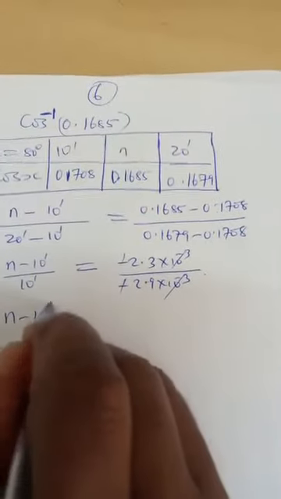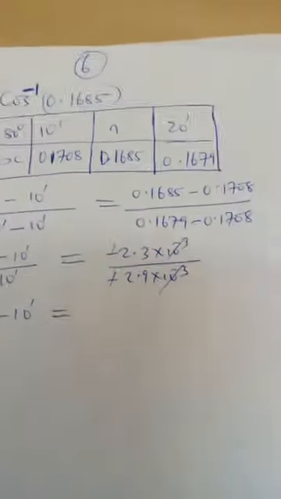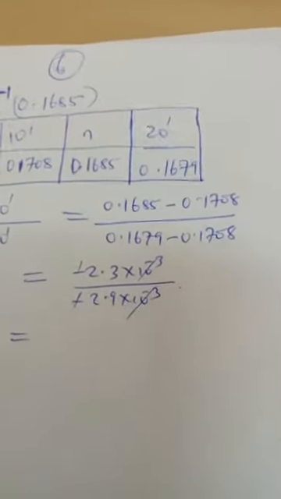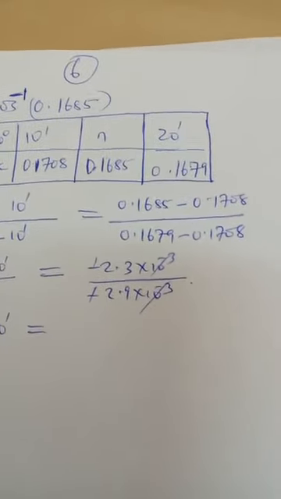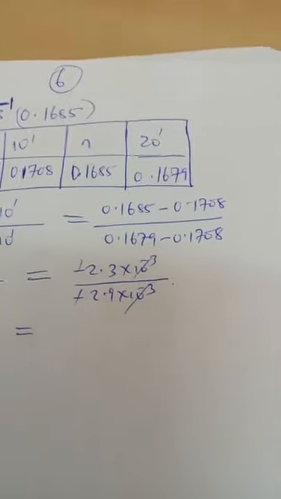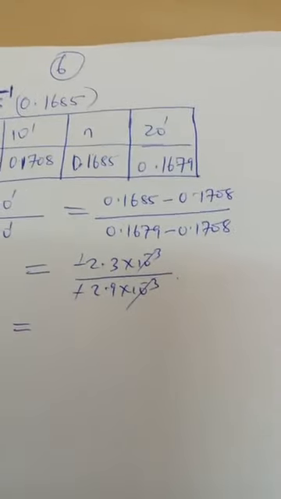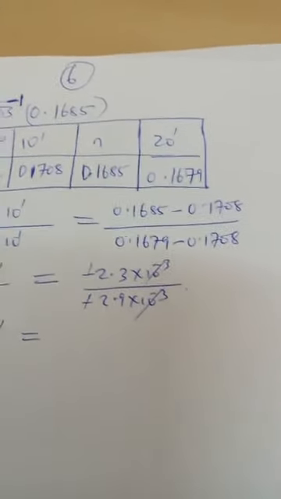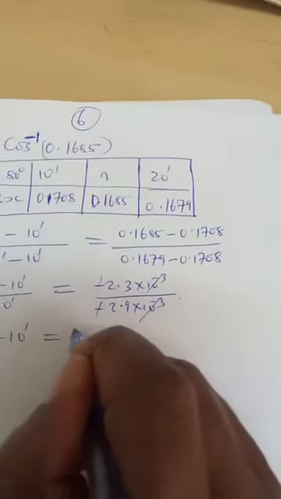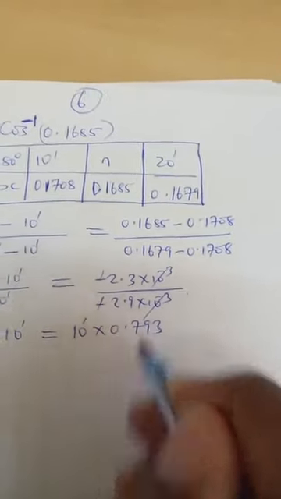My n minus 10 will be equal to what I have here, 2.3 divided by 2.9, multiplied by 10. This is 10 times 0.793.